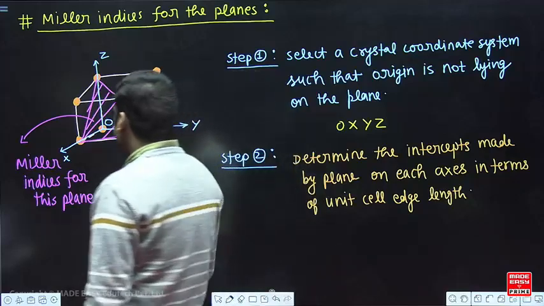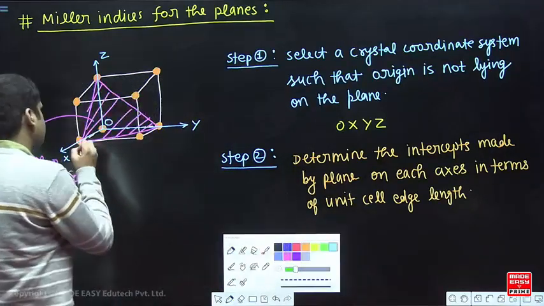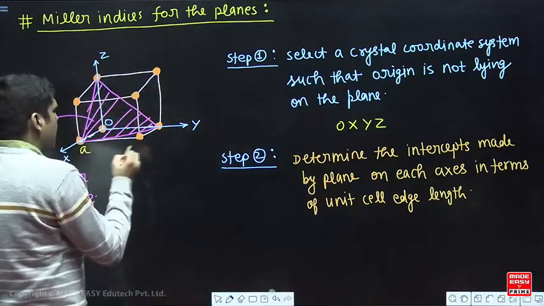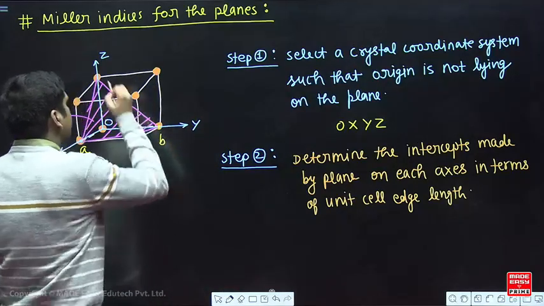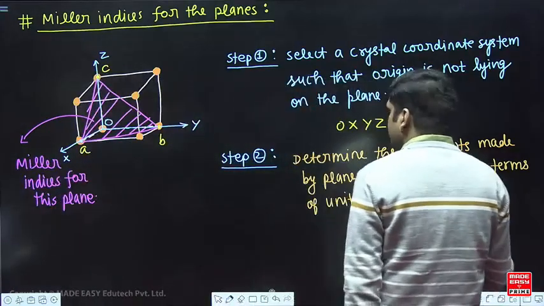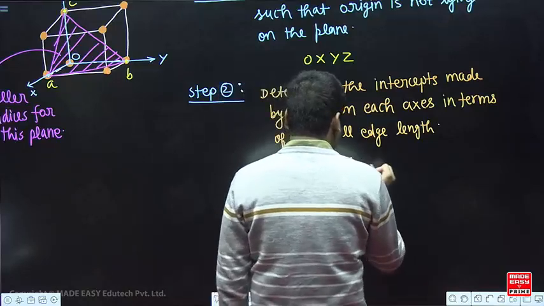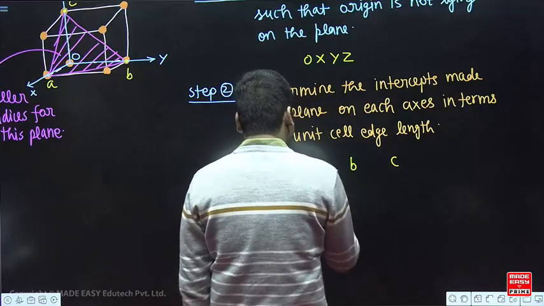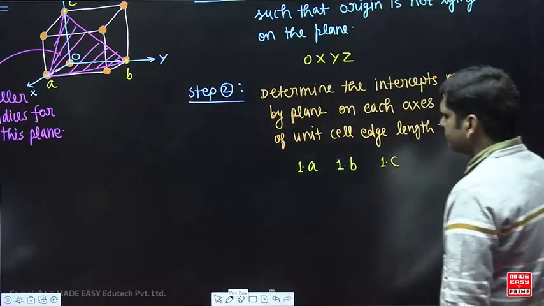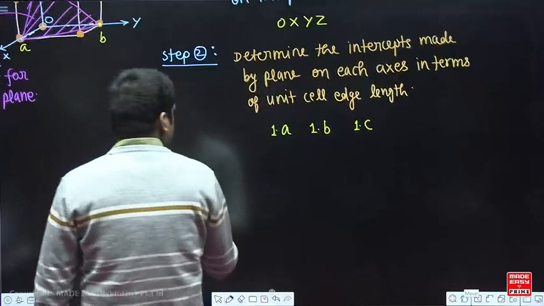You see, x-axis it is cutting at point A. So, coordinates at x-axis is how much? This point. This is A. Y-axis it is B. Z-axis it is C. So, intercept in this case is A, B, C. This can be written as 1 into A, 1 into B, 1 into C. These are the intercepts made by the given plane on each axis.